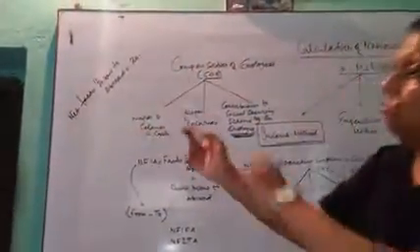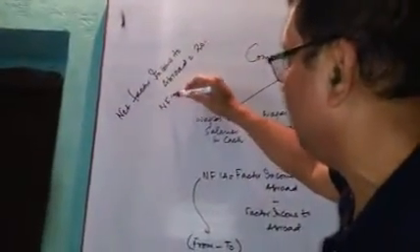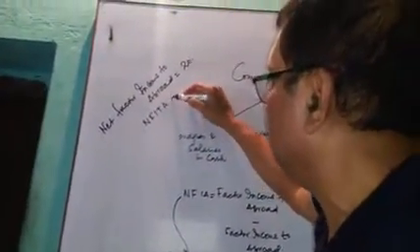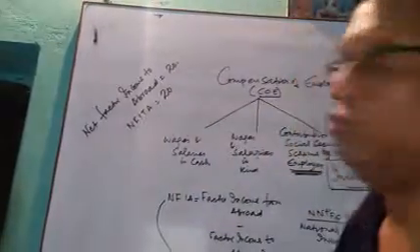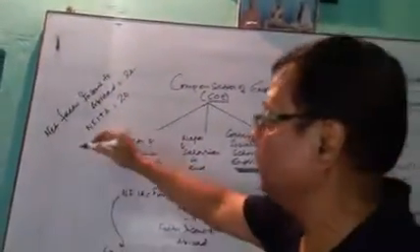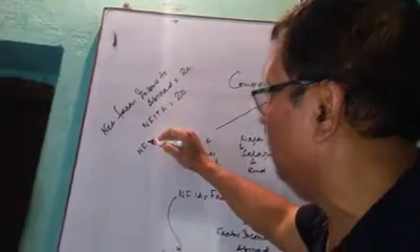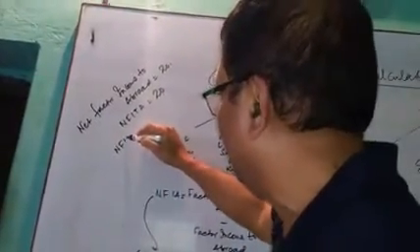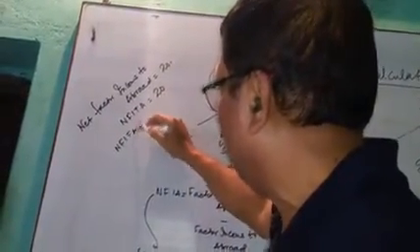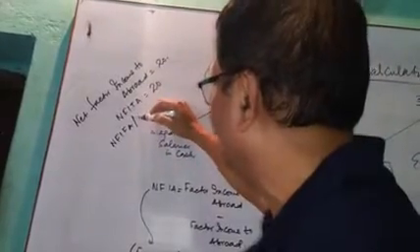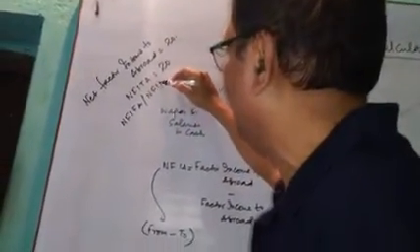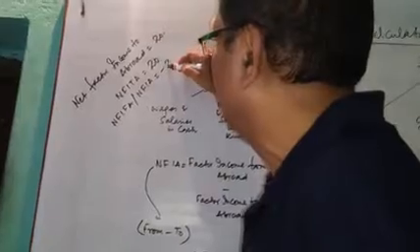Net factor income to abroad it is. It means NFIA will simply be minus 20.